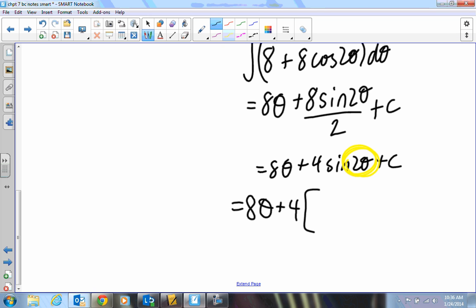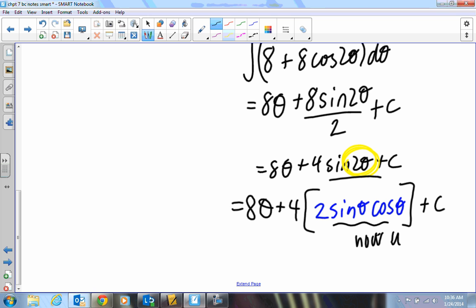So sine 2 theta is equal to 2 sine theta cosine theta. So use that substitute. Now use the right triangle and continue. Okay, so if you've got that double angle, guys, it's the appropriate identity. Okay?